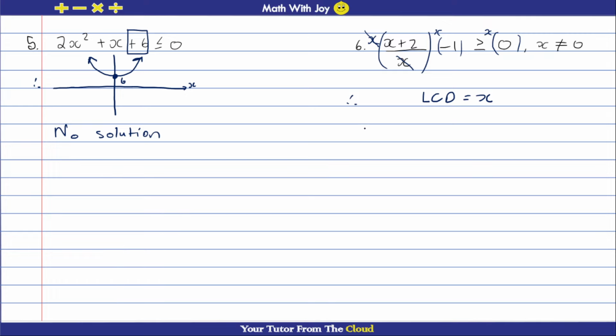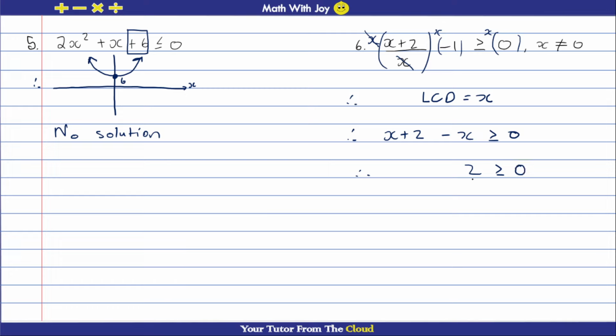So what I will end up having is something like this, whereby you have x plus 2 minus x bigger or equal to 0. Now, if you notice here that everything actually just cancels each other out, we are going to get over here a 2 bigger than or equal to 0.